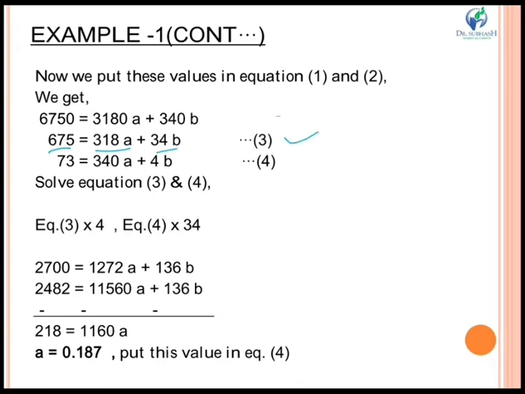And on putting these values in equation 2, I get 73 equal to 340a plus 4b, and I name it as equation 4. Now we will solve equation 3 and equation 4. We need to find the values of a and b. So I have to eliminate first any one, either a or b. Here I am eliminating b. So I will multiply equation 3 by 4 and equation 4 by 3.